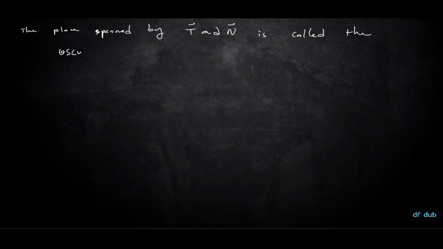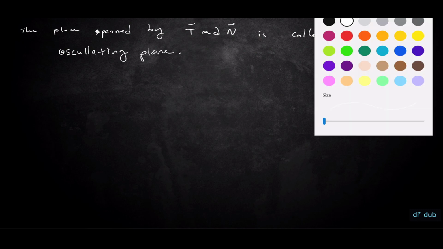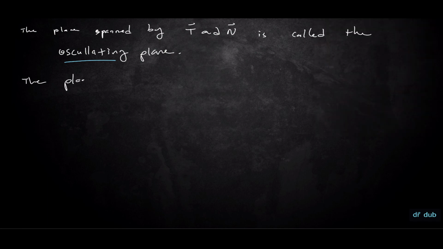The plane spanned by T and N is called the osculating plane, and the plane spanned by N and B is called the normal plane.